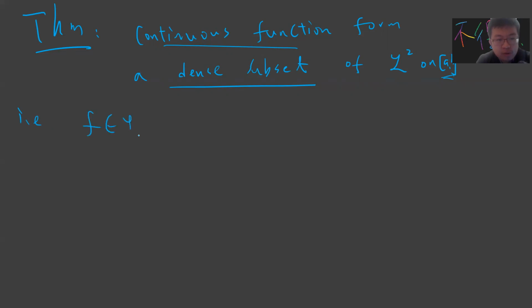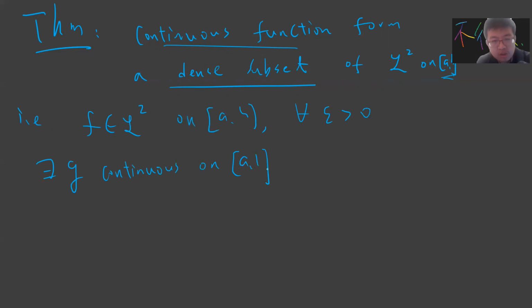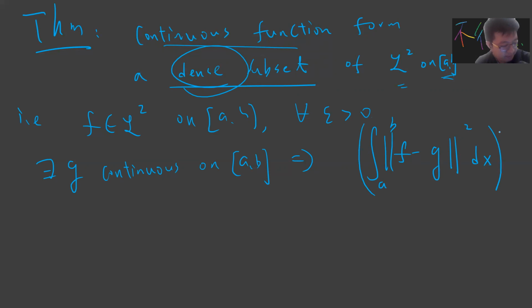But let me write down what it means. Let's say you take some L2 square integrable function f on [a,b], and somebody gives you some error term epsilon. Then you can prove that there is a g that is continuous on [a,b], such that, and this setting is very similar to Stone-Weierstrass, you take the integral of the square over [a,b] with respect to the usual Lebesgue measure dx, and take the square root.